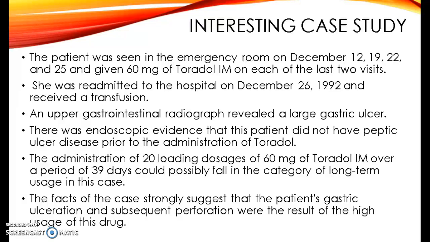So after a few months of being prescribed Toradol for reoccurring back to the hospital, the patient developed an ulcer. And prior to this patient taking Toradol, they were tested for various different things, and it never showed that the patient had an ulcer.